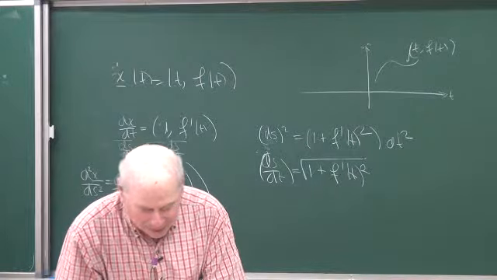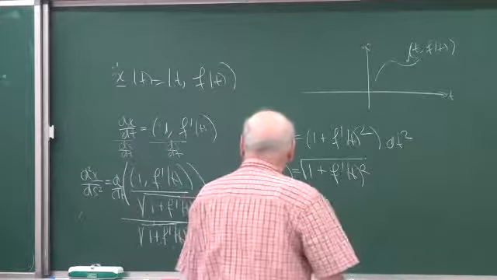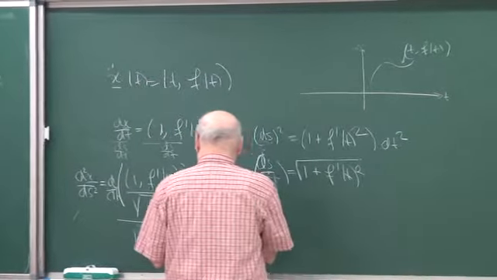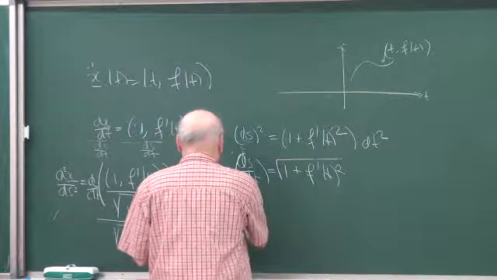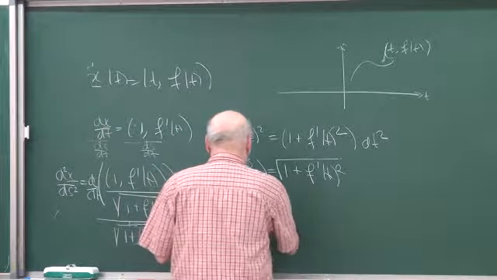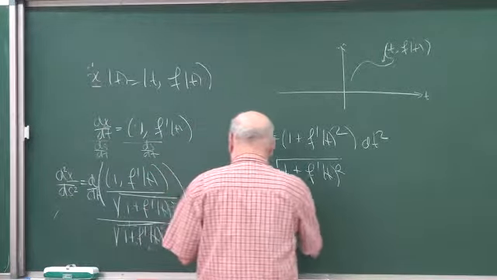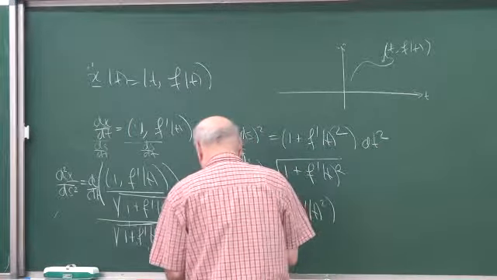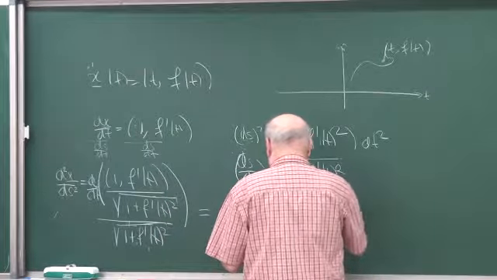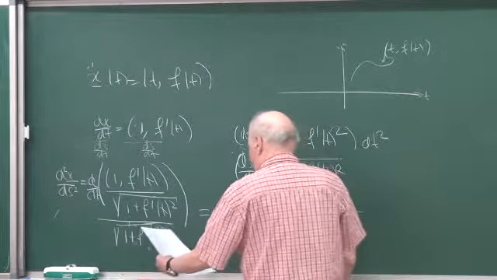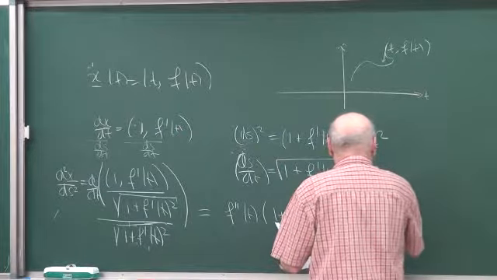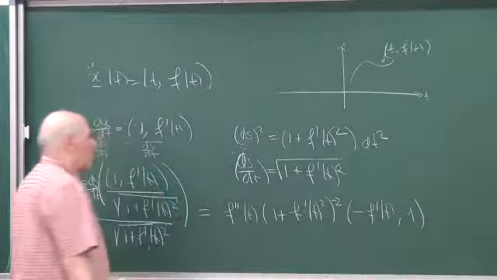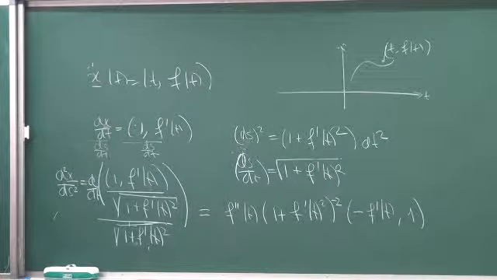So if I compute that, after a bit of boring computation, you get f double prime of t times (1 plus f prime of t squared) to the minus 2 power, times the vector minus f prime of t comma 1. So that's the curvature vector.